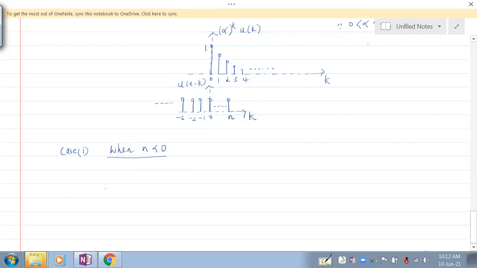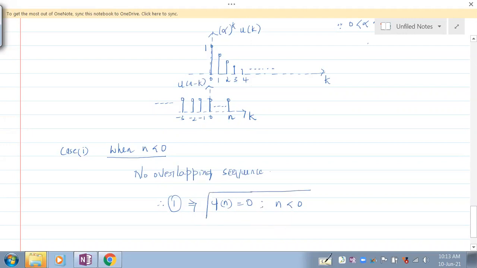So no overlapping when n is less than 0, no overlapping signals or sequences. Therefore, equation 1 implies that y of n is 0 for n less than 0. That makes a very big difference. So this is the first case.